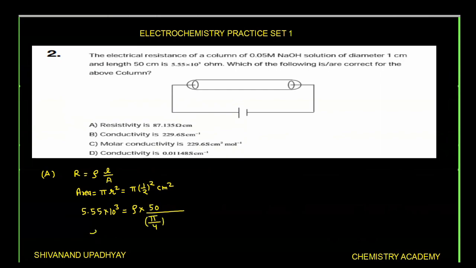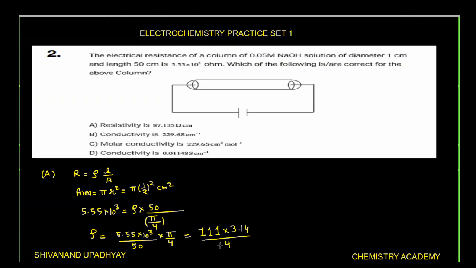So if I simplify, I can write that resistivity is equal to 5.55 into 10 to the power 3 divided by 50 into pi by 4. On simplification, if I multiply this by 1000, this 10 will cancel out 100. So this value is equal to 555 divided by 5, which is equal to 111. 111 into 3.14 divided by 4.